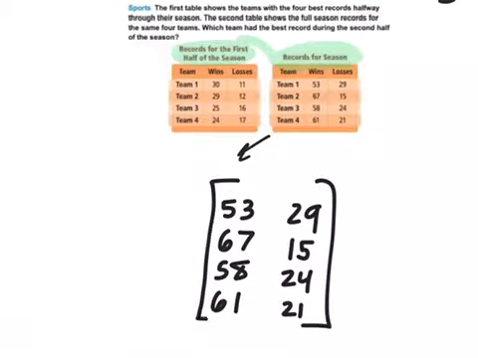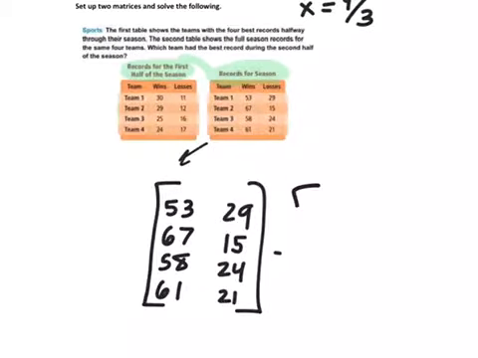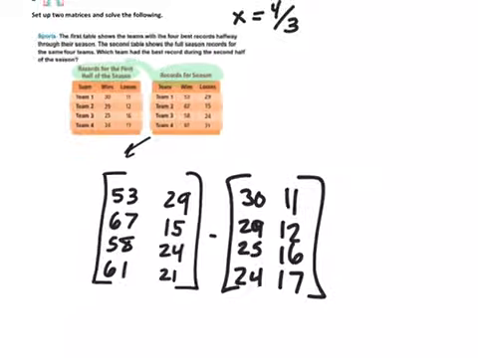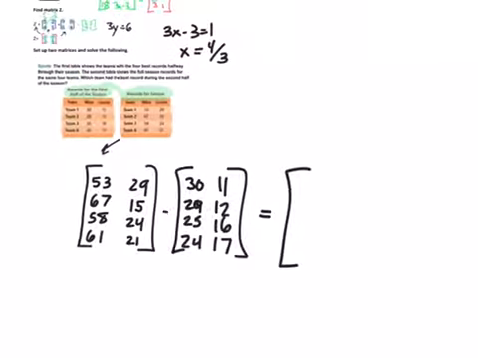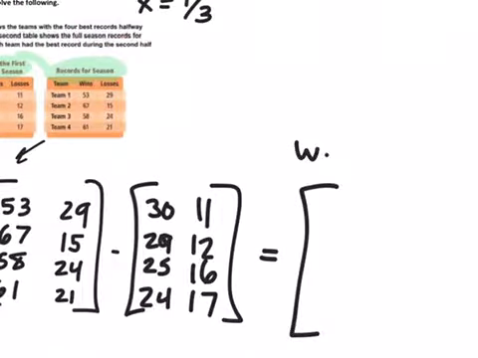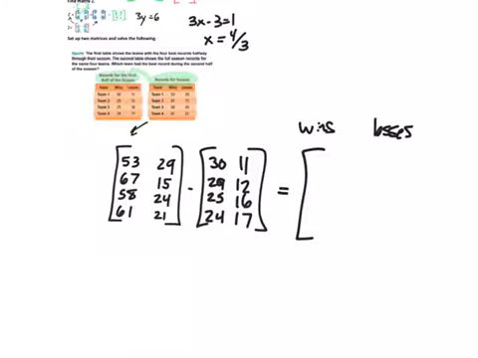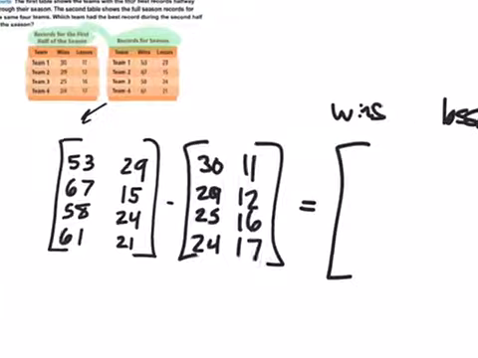And then we subtract the first half of the season, we would be left over with a wins and loss matrix, right? So it'd still be the same columns of wins and losses that would represent the second half of the season.